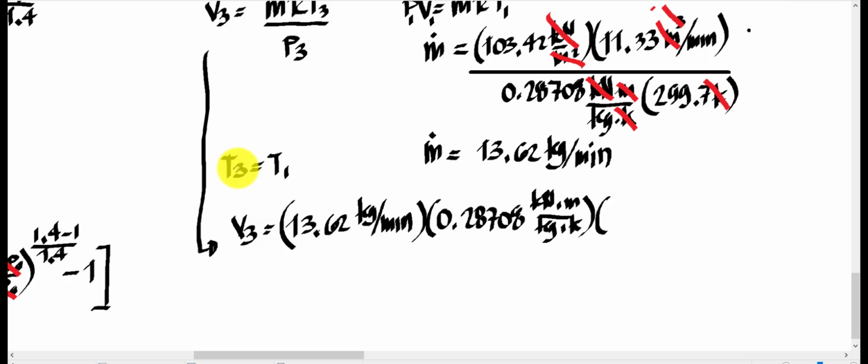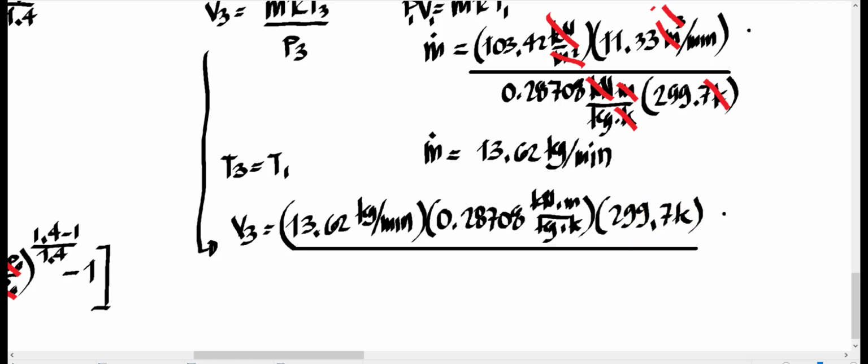So that's why T3 is equal to your T1. So we're using 299.7 Kelvin also. Then using the pressure of your intermediate pressure, that will be 292. So for our intermediate pressure, that will be 292.